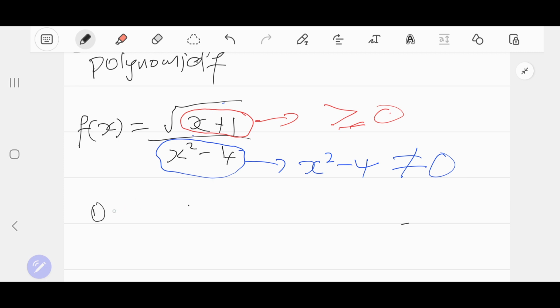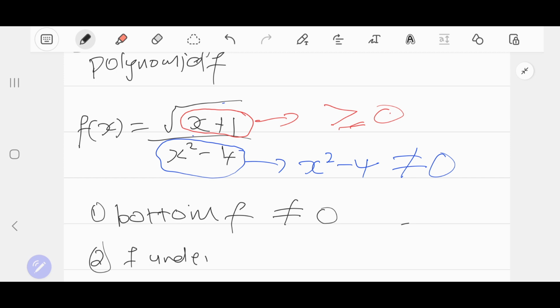The first one is that the bottom function must not be equal to 0. And then the second function, people, which is the radical function, meaning the function under a root, must be greater or equal to 0. But remember, you always check whether the root, in this case, is of an even number.